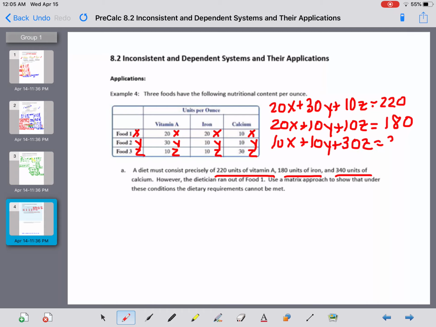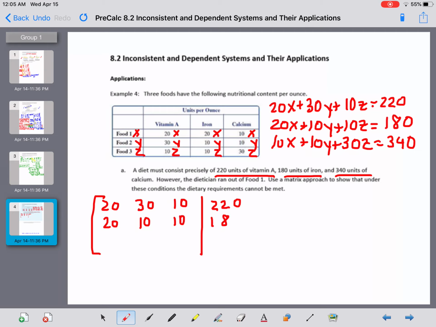So taking my information from my chart, I can write my system of equations. So I'm going to go ahead and write my augmented matrix off of this set of data. So I have 20, 30, 10, and behind my vertical bar 220, 20, 10, 10, 180, and 10, 10, 30, and 340. All right. So it tells us what the diet needs to consist of.